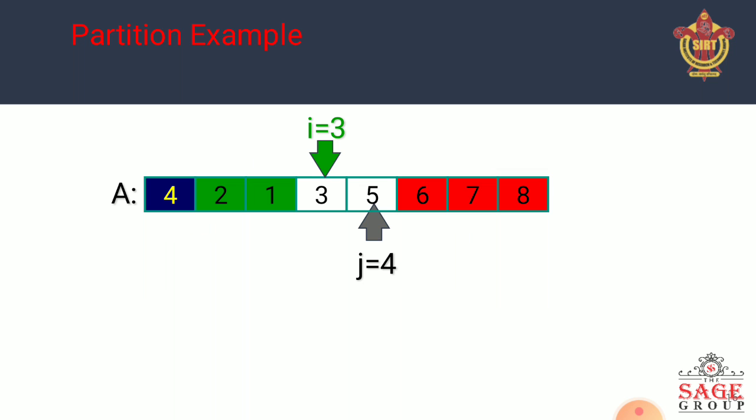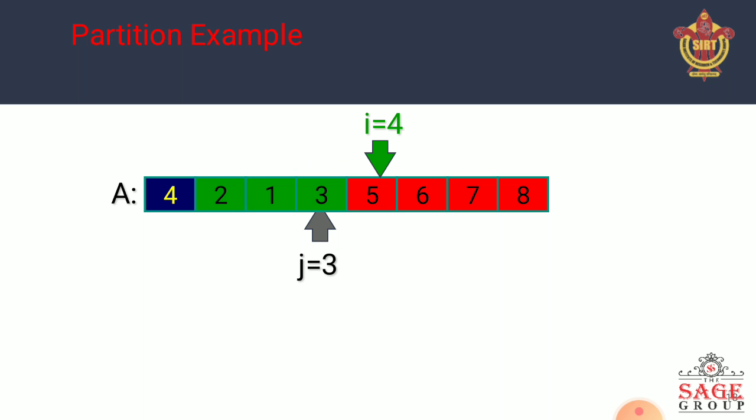Both index values i and j are advanced. Presently i is equal to 3, and the element is 3, which is not larger than 4, so we advance our pointer. In the same way our j pointer will search for a smaller value, which is 3.